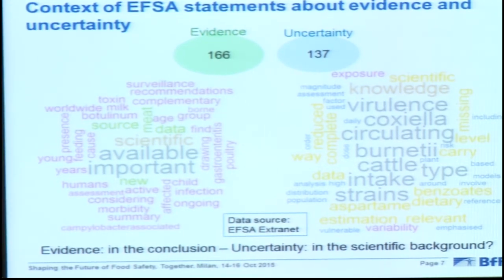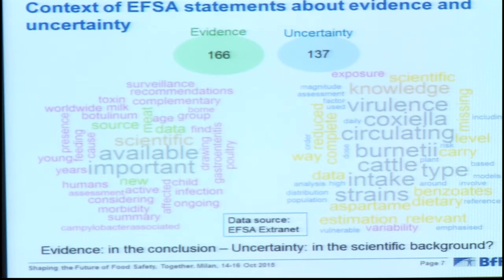It seems that the term evidence is used in EFSA text in combination with other terms that describe concepts like population. For example, we find humans or poultry, age groups. We find terms that reflect a certain etiology. We can see Campylobacter, I think we can see some toxin, botulinum, etc. And we may find some terms that are related to the health endpoints.